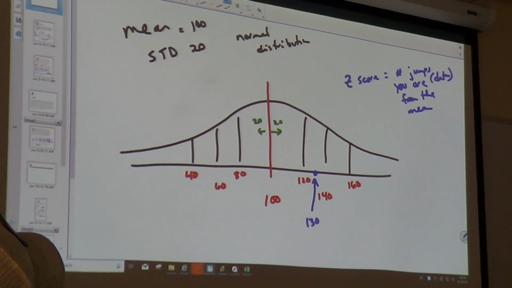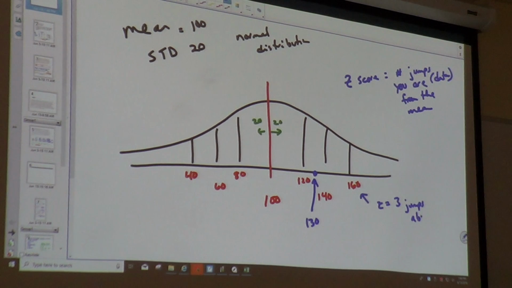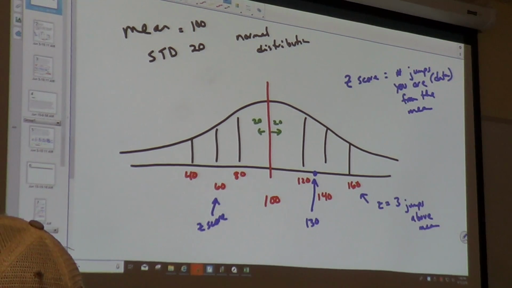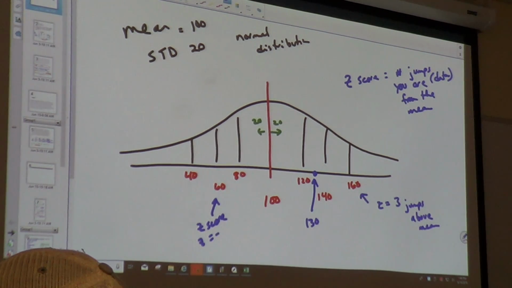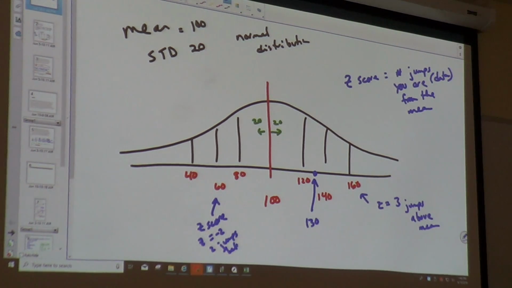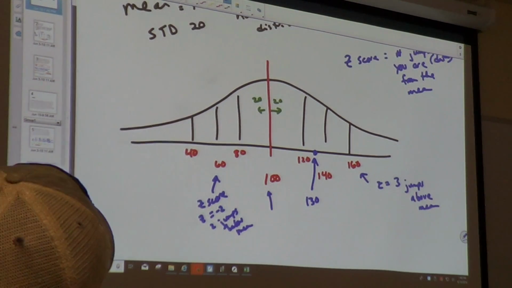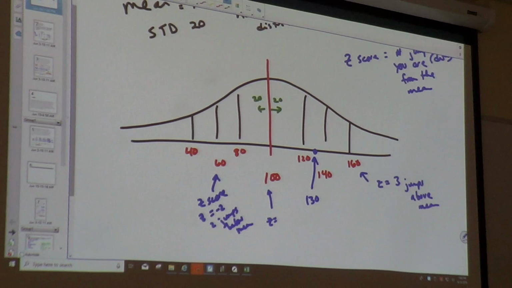So for example, this would have a z-score of 3 because it's 3 jumps above the mean. This would have a z-score of -2 because it's 2 jumps below the mean. Okay? What does this have a z-score of? 0.